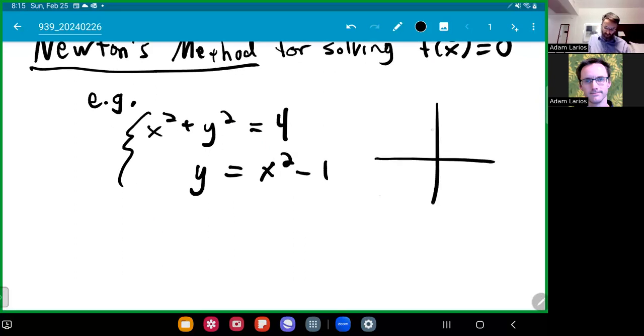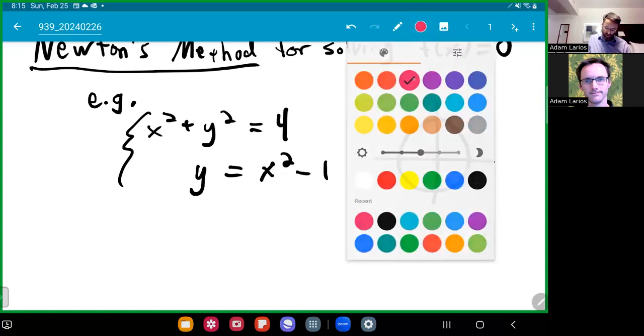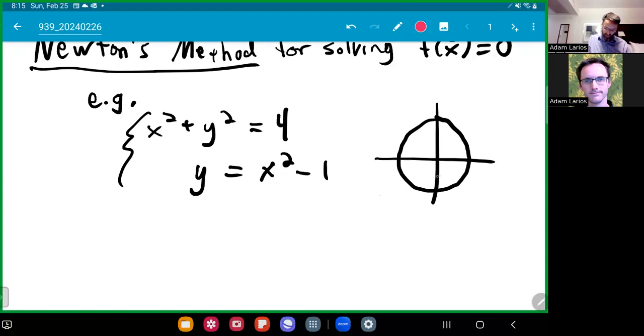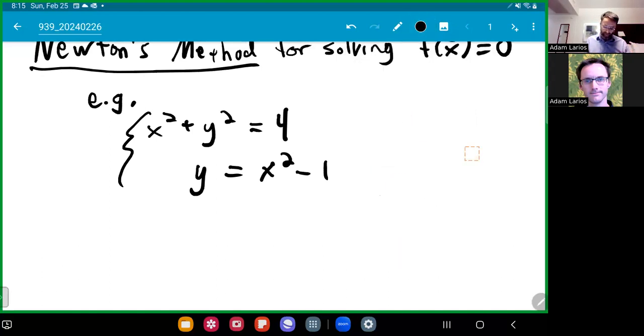The first equation gives us a circle of radius 2, and the next equation gives us a parabola, something like this. And we have 2 intersection points here. So the solution of this system is a set of 2 points, which we could solve pretty easily, but I'll leave it up to you if you want to try solving that algebraically.